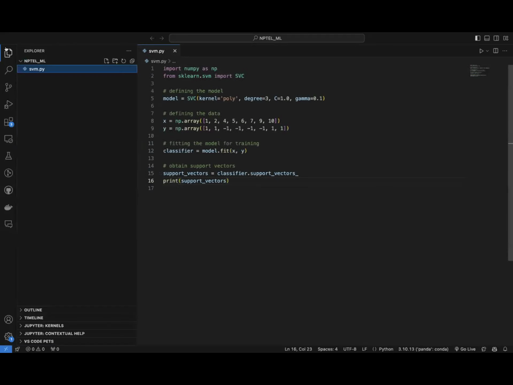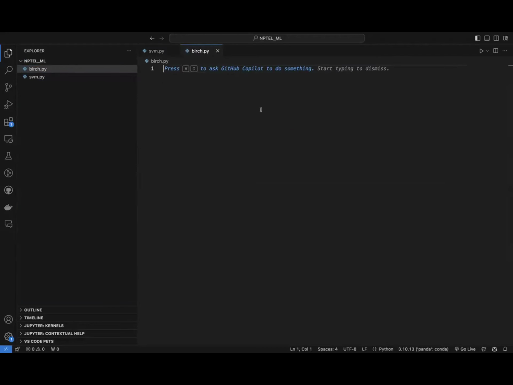Okay, so we have the question about the bridge algorithm, and the question says, let me copy paste the question as well. The question is like this.